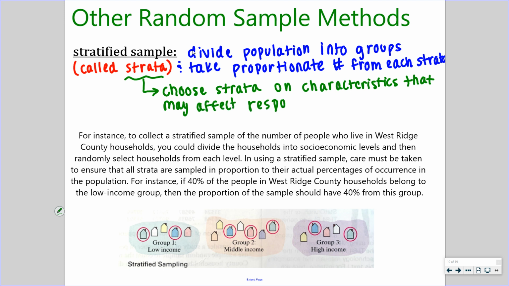And again, this is an example of a random sampling method. I copied and pasted this example from the textbook because I liked how it compared these three methods we're going to talk about today.